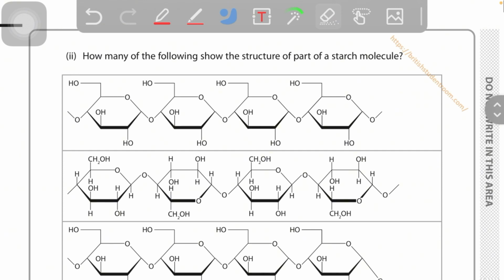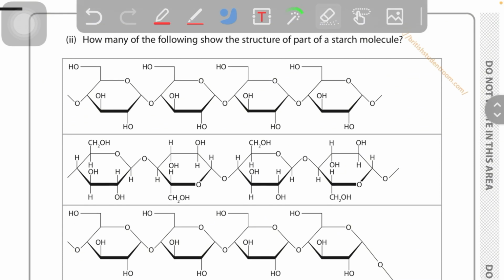I repeat, it's just 1 mark, and it will definitely not affect you in the exam if you can answer the rest of the questions in a much better way, especially the questions with bigger marks or huge marks. Okay, so do not pressurize your brain like that in the beginning.